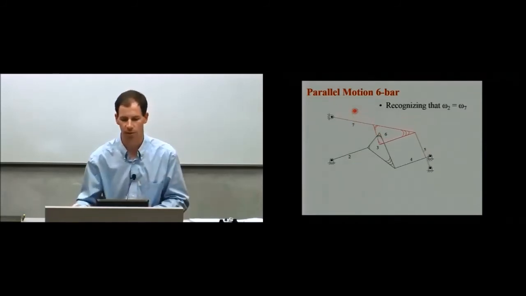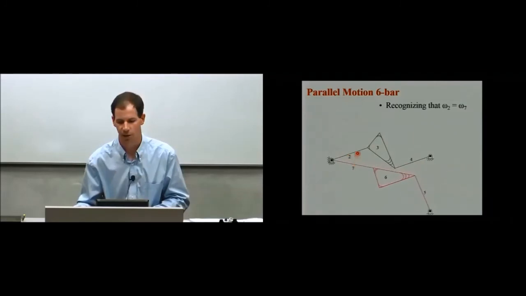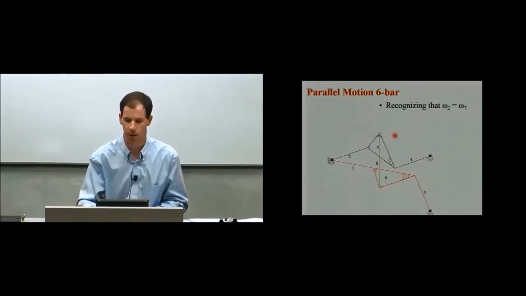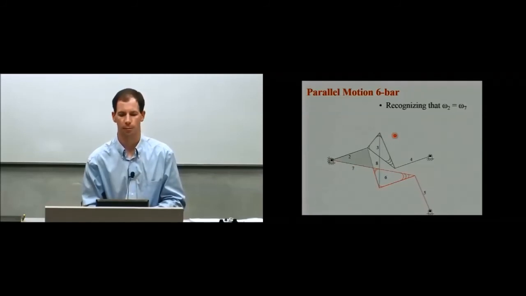So as I bring this guy down, force 2 and 7 to become a ternary link, then this coupler curve right here is going to be the exact same as this coupler curve right here. So if I connect those two with a link, that link is going to have parallel motion. And it'll have parallel motion along the same path that this initial 4-bar had. So this then becomes the constructed mechanism.